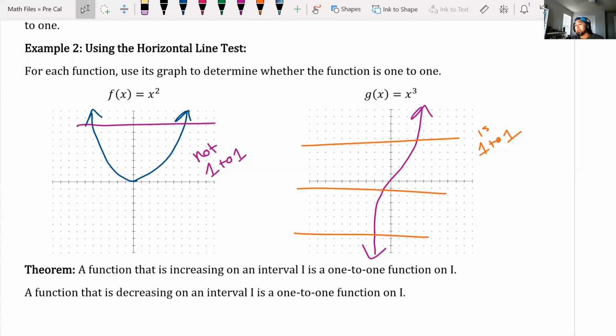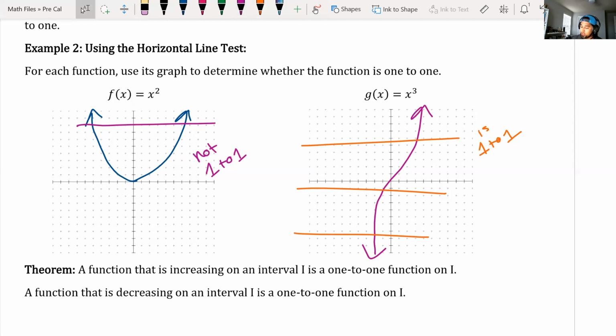Also a nice little theorem: a function that is increasing on some interval is a one-to-one function, and a function that is decreasing on an interval is also a one-to-one function. So x cubed is an all increasing function, meaning that it's a one-to-one function. Okay, and the same could be said for an all decreasing function. X squared is a decreasing and increasing function, therefore not one-to-one.